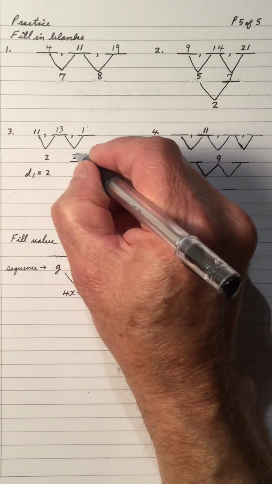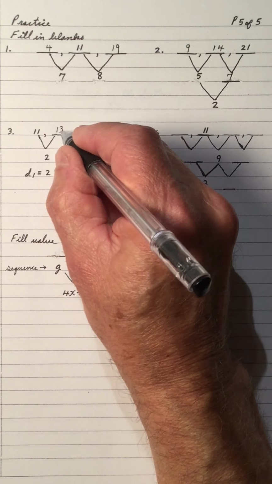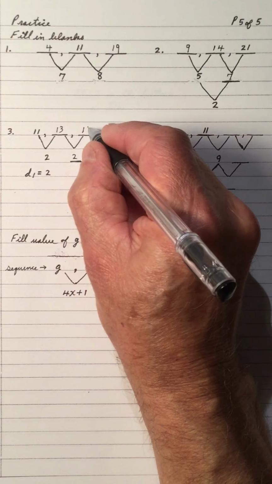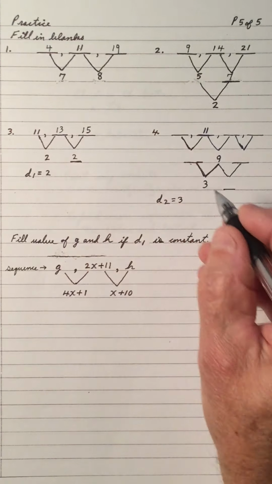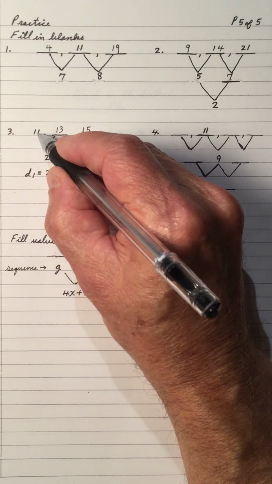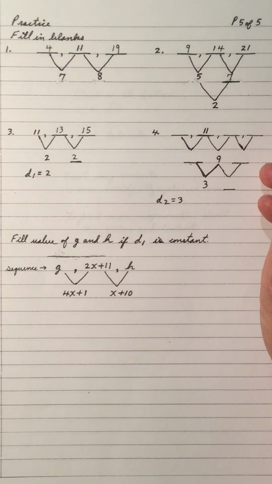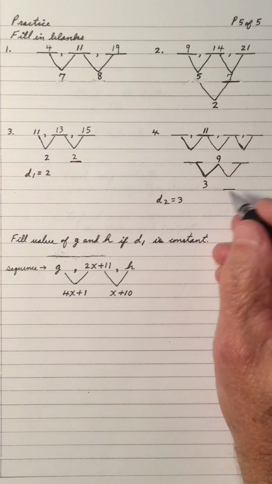Sorry, you have to add these two because you're going to subtract these two. So 13 plus 2 is 15. Got to be careful. Again, 13 subtract 11 is 2. 15 subtract 13 is 2. So just trying to keep you thinking.